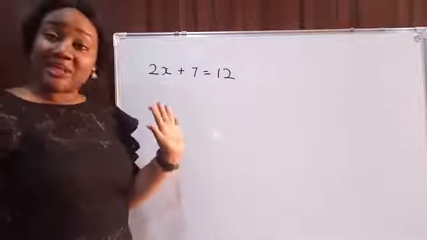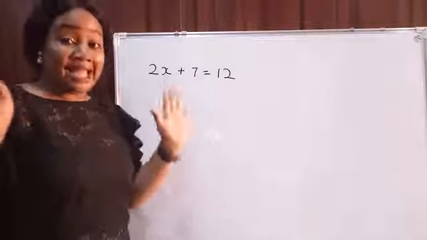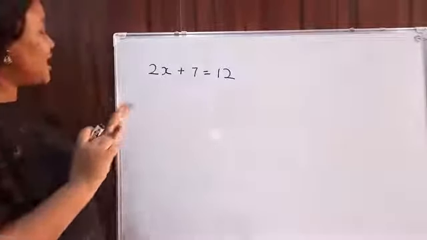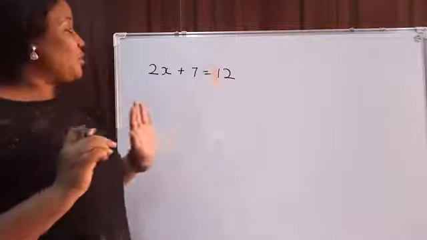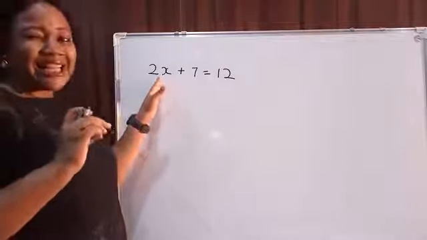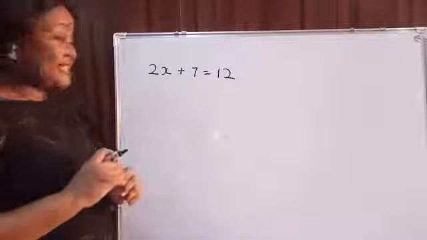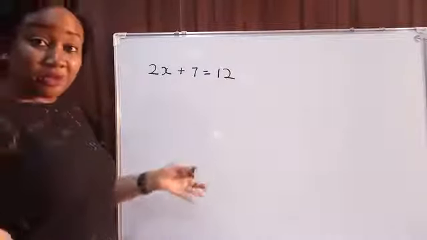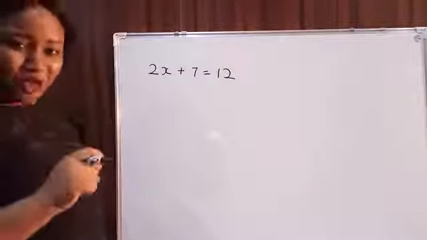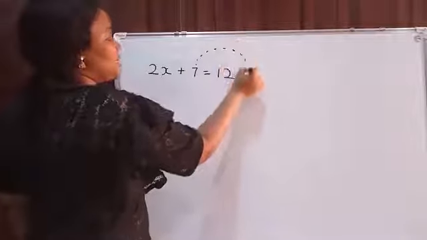X alone, not x with a sister or a baby or anything, only x. Looking at this, what's the first thing to do? You can see 2 is attached to x, 7 is still on its own. We remove the 7 first. How do we remove 7? Remember our jumping method, 7 has to jump. Jumping time for 7. So 7 goes all the way to this side.